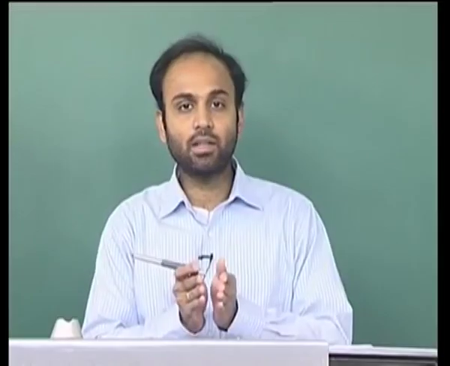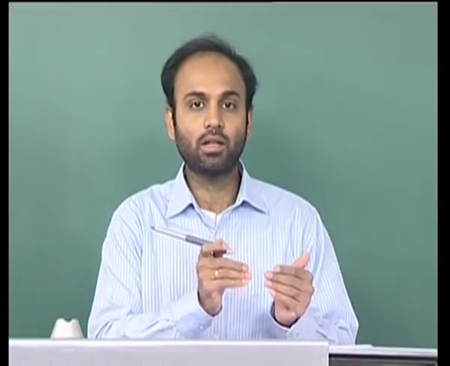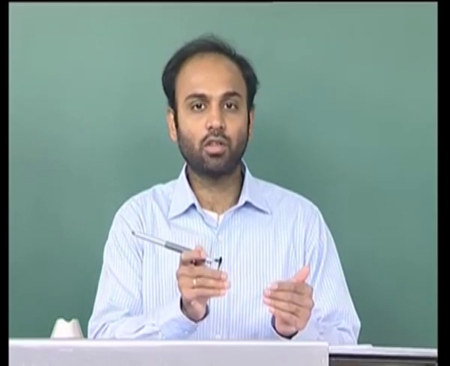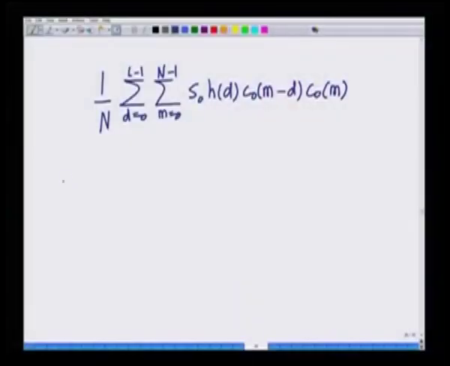Now, I can split this into two summations. One corresponds to the path 0, that is h of 0, and one corresponds to the rest of the paths. So, let me write this down as 1 over n. The path corresponding to 0 is nothing but S0 h of 0 C0 of m minus d, where d is 0 corresponding to the path 0.